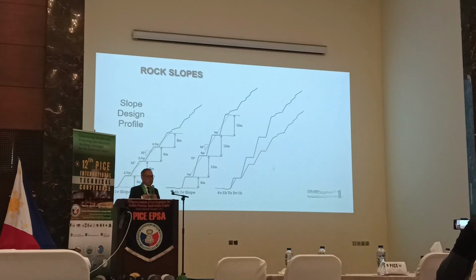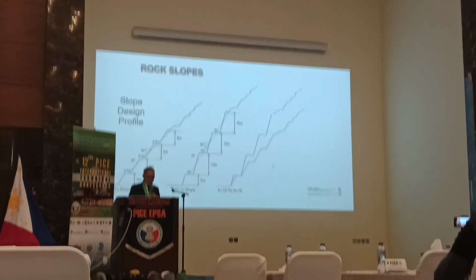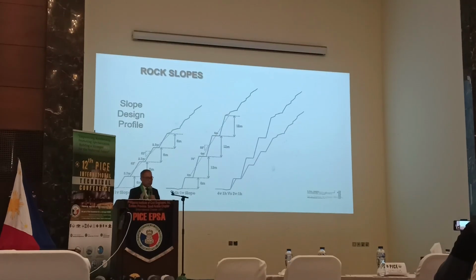And as a geotechnical engineer and as a geologist, engineering geologist, we have to design the profile in such a way the cuttings and the machineries and the installation of support would be efficient, which would not entail much cost to the client. So this is crucial because most of the time the discontinuities will not cooperate.